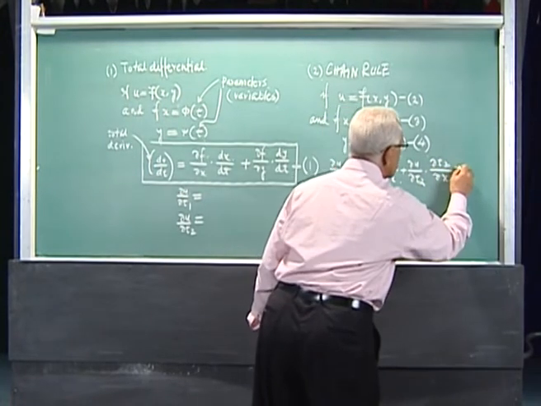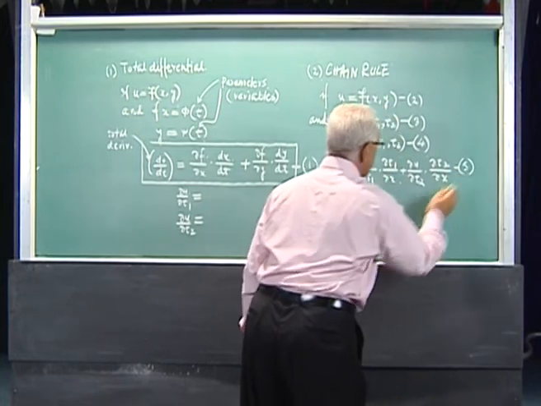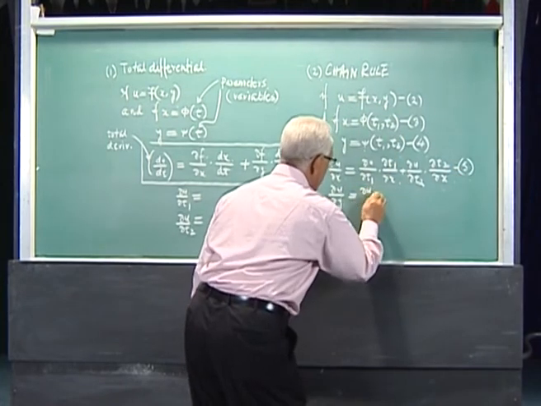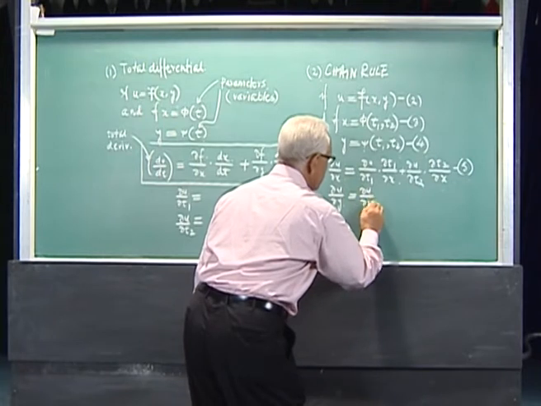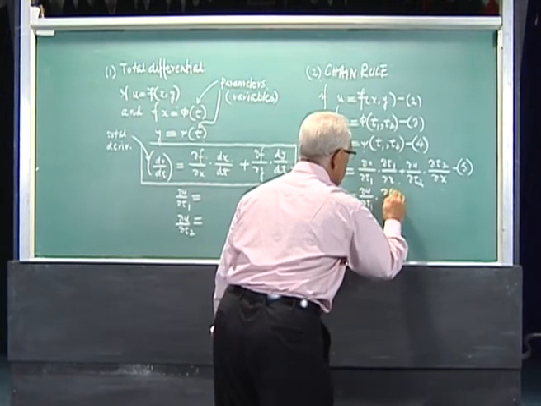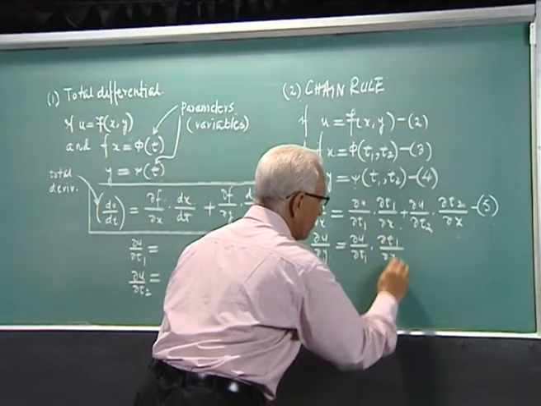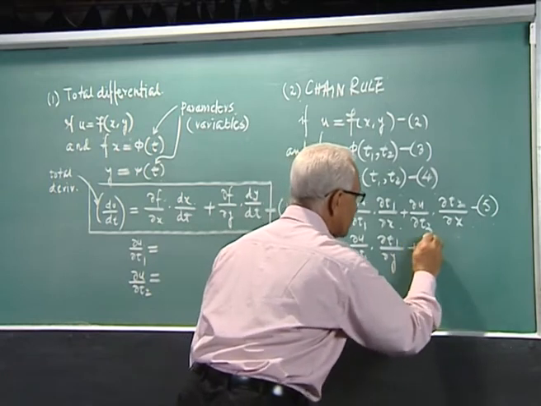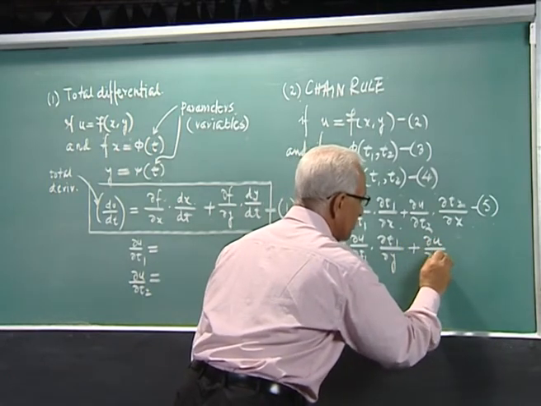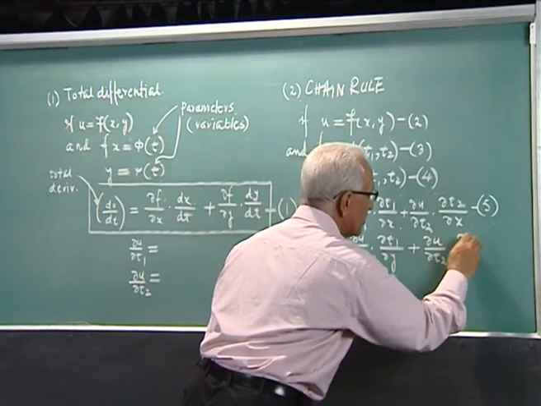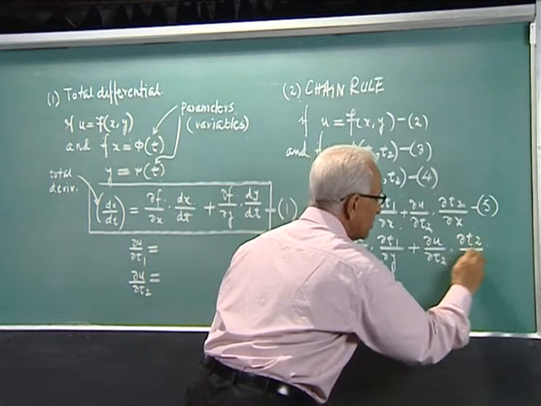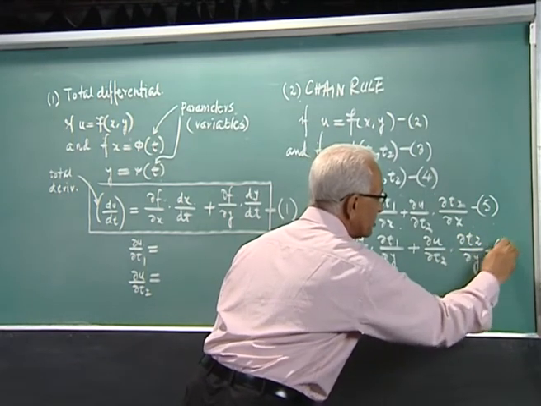We will call it equation 5, the first chain rule. Then we will be having ∂u/∂t1 and this is ∂t1/∂y, very similar, plus ∂u/∂t2 and this will become ∂t2/∂y. We will call it the sixth equation.